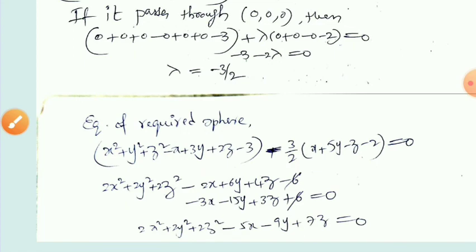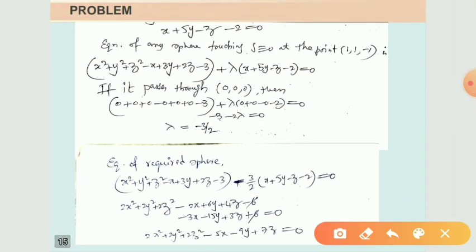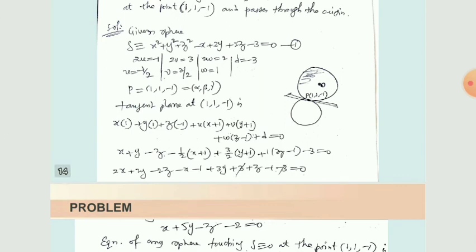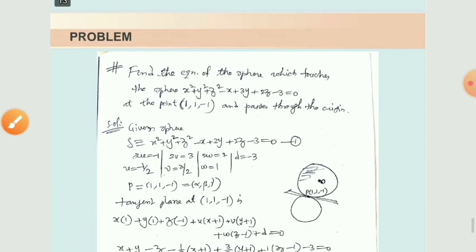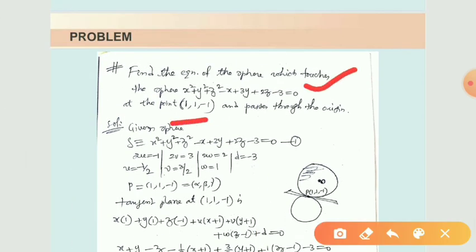This is the equation of the sphere which touches the given sphere at the point (1, 1, -1). This is the procedure we have to follow. Once again I will repeat. Here one sphere is given and a point is given on the sphere.